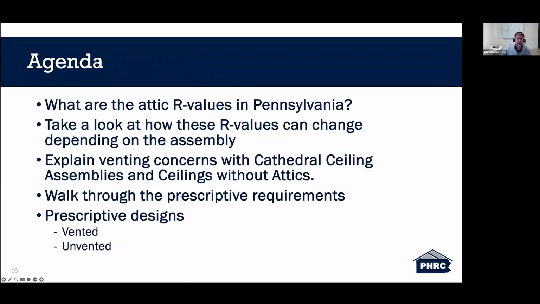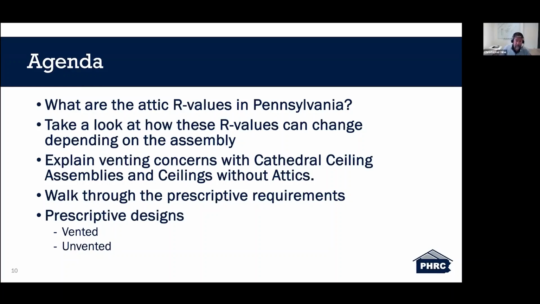A couple of things go beyond what the learning objectives state. We're going to look at what the R values in Pennsylvania are in regards to the attic, and that can change based on the assembly. Bullet point number 2 is to take a look at how these R values can change as we look at what's in the insulation and fenestration table, and then how that could change depending on what type of assembly we're going to be using in these attic areas.